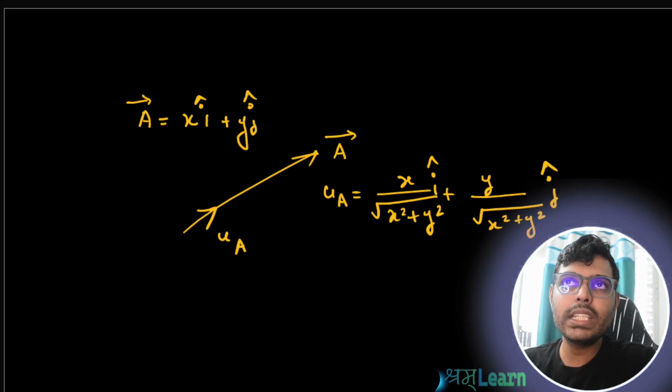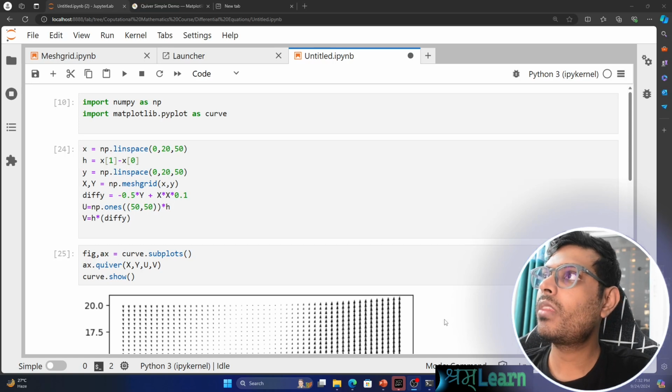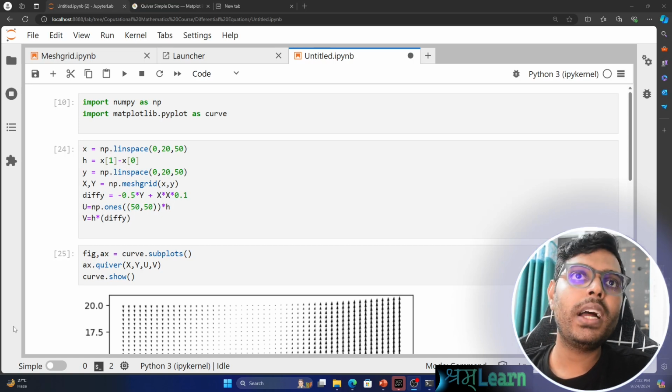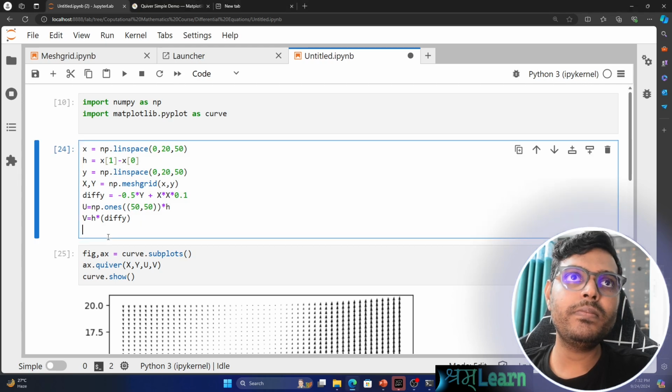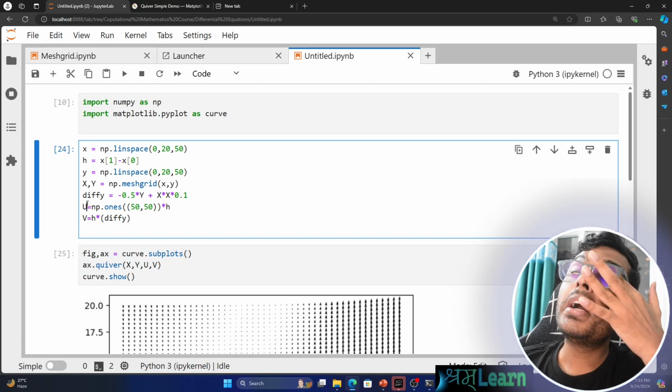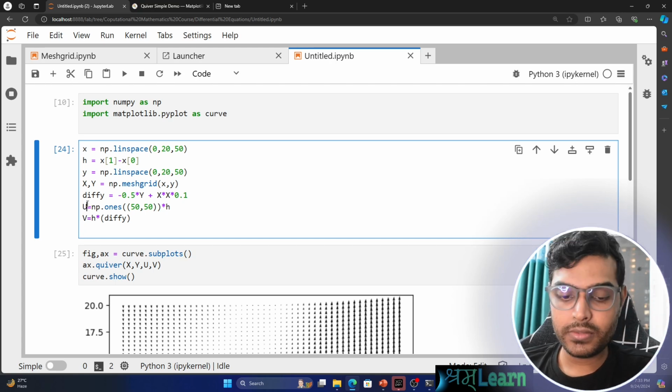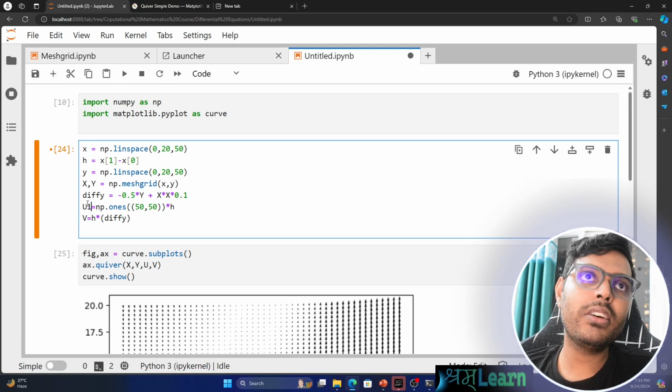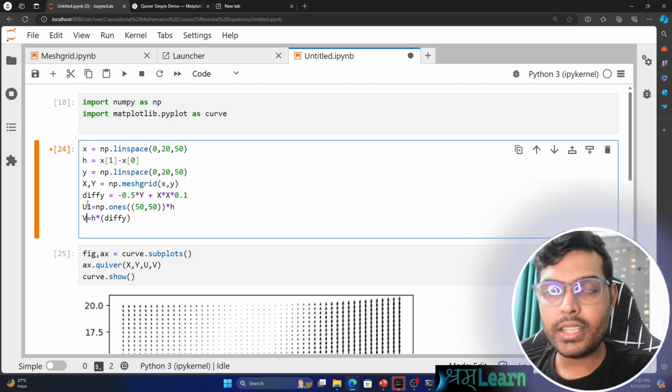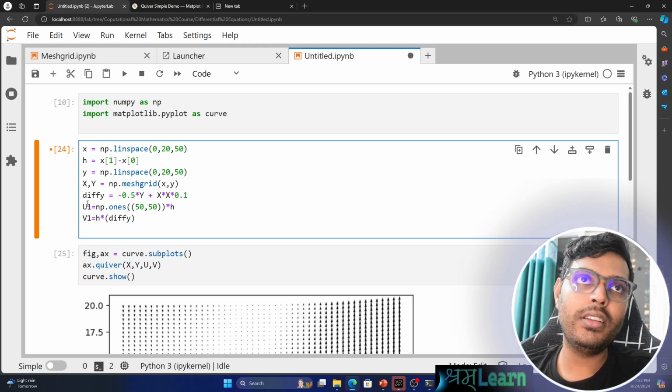How can we do that? By considering unit vectors. So we will not consider this u as the component of the unit vector. We will call it u1, and we'll call v as v1.